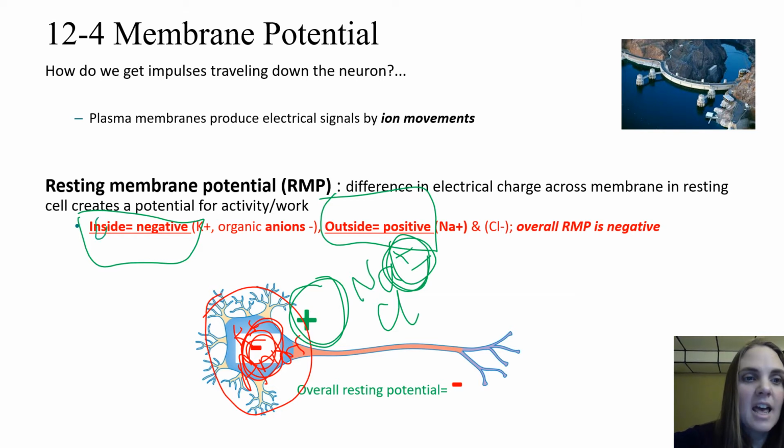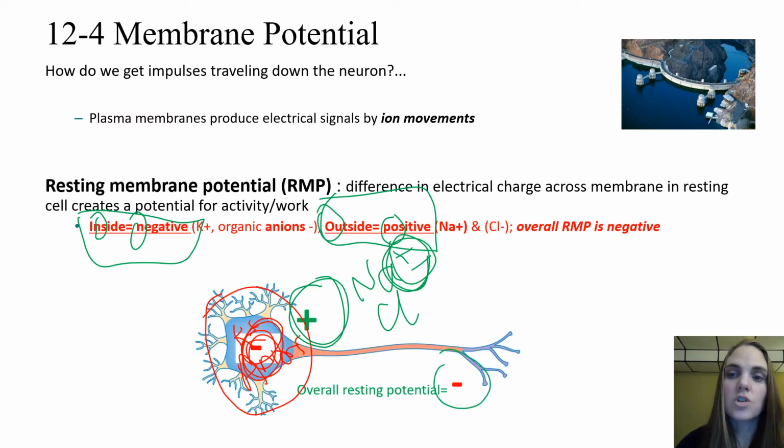We've got an N in inside and an N in negative, an O in outside, and an O in positive. So overall, negative inside, positive outside. If we stuck a probe actually into the membrane to measure that potential in millivolts, the actual resting membrane potential overall has a negative charge.